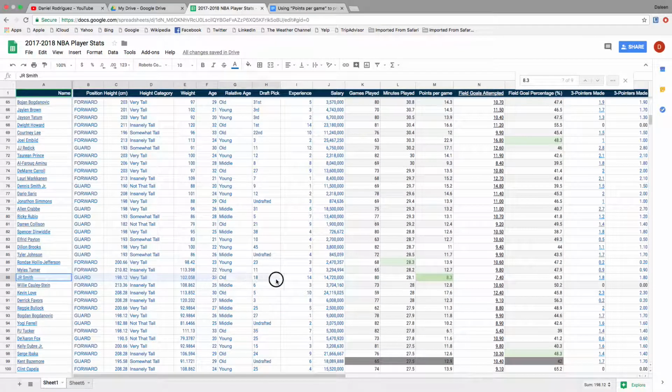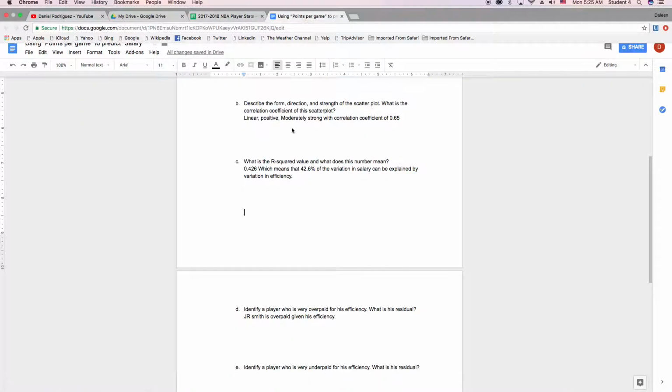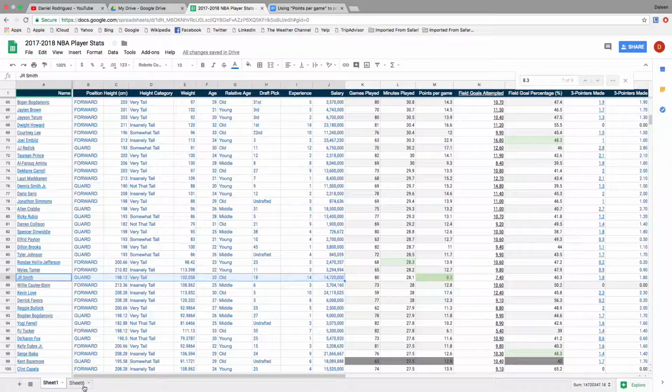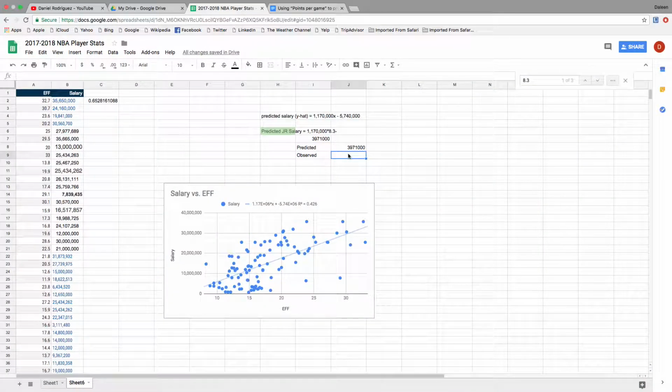His salary is $14,720,000. So his observed was $14,720,000. Then my residual equals my observed minus my predicted.